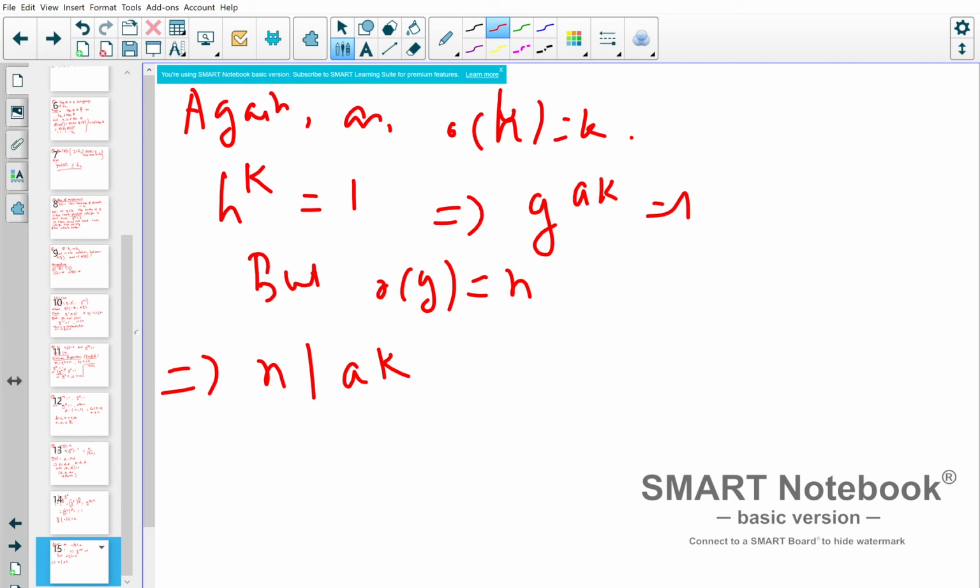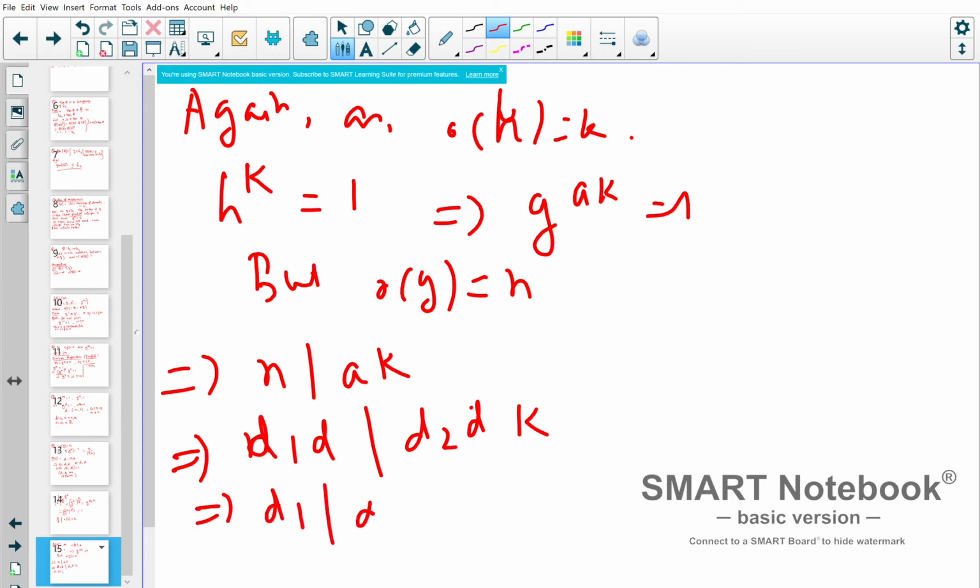Now you try to split this thing. What is n? n equals d1 d, and a equals d2 d, right? So d gets cancelled, and this implies that d1 divides d2 into k, right? But again, you know that d1 and d2 are co-prime, and that implies that d1 divides k, right?